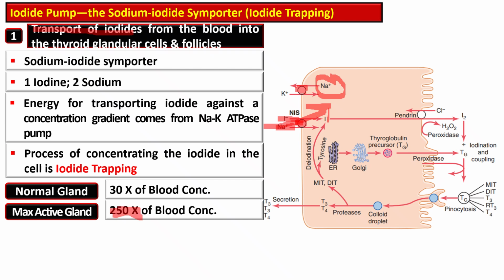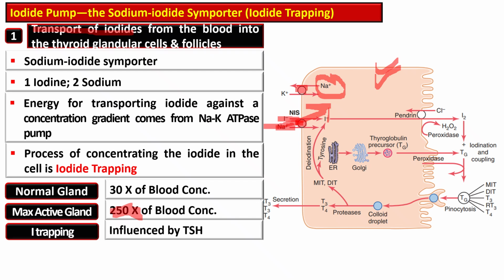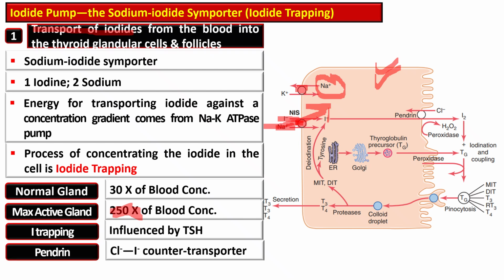This process of concentrating the iodide ion inside the thyroid follicular cells is termed iodide trapping. It is influenced by thyroid stimulating hormone, which stimulates the iodide pump and enhances trapping. Removal of the pituitary, or hypophysectomy, greatly reduces the trapping process due to the loss of TSH.